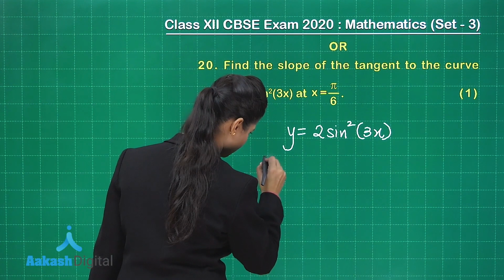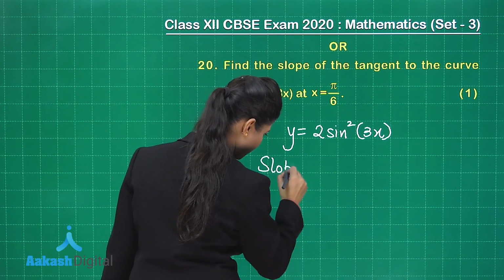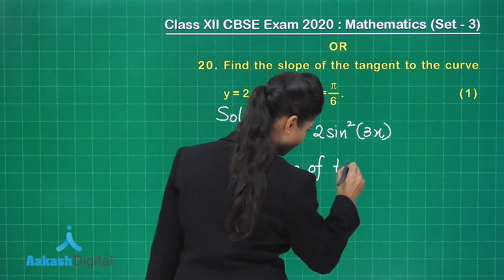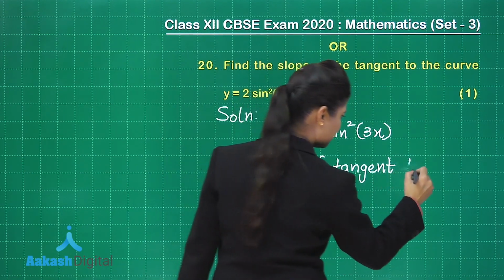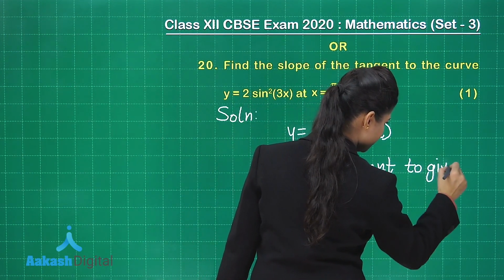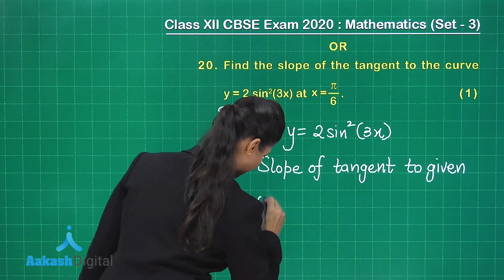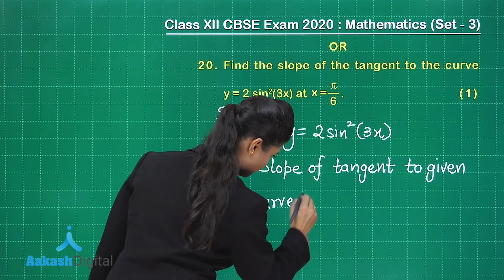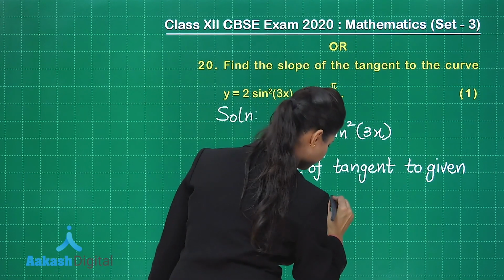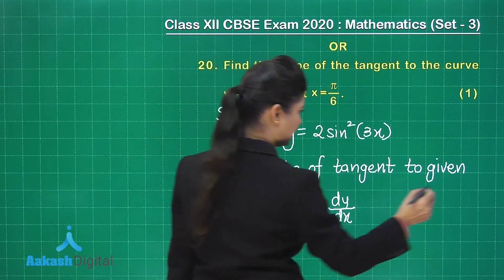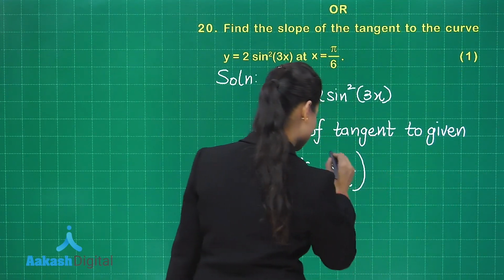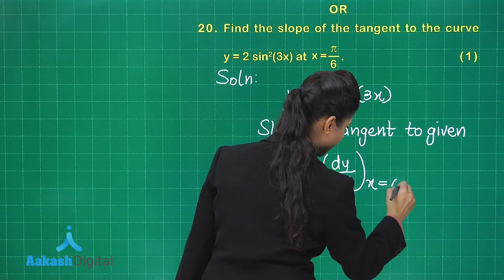So, slope of tangent to the given curve is clearly dy by dx at x equal to pi by 6.